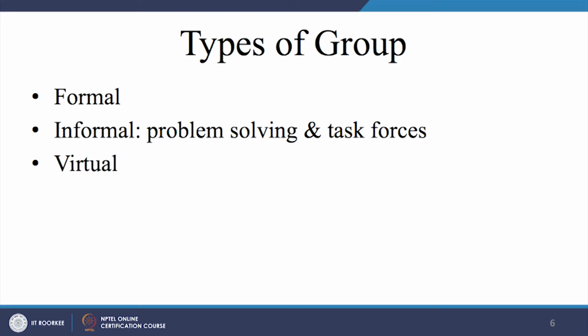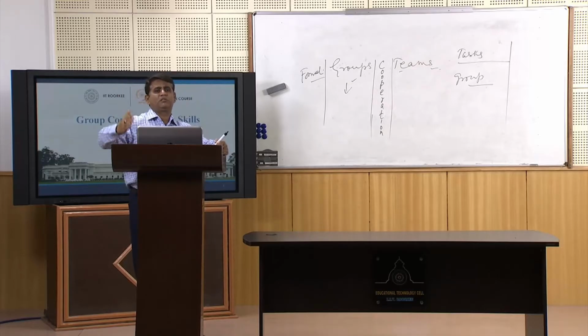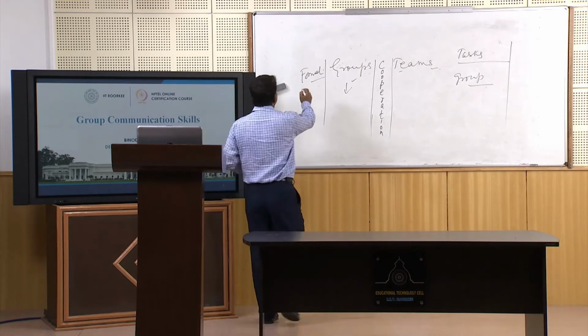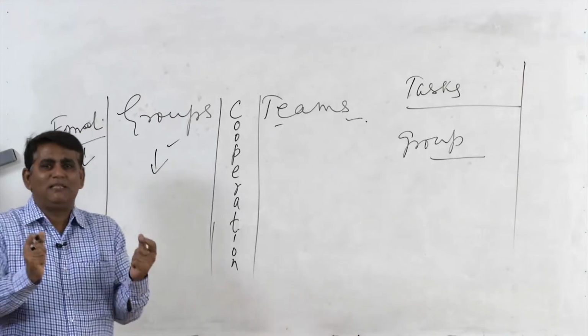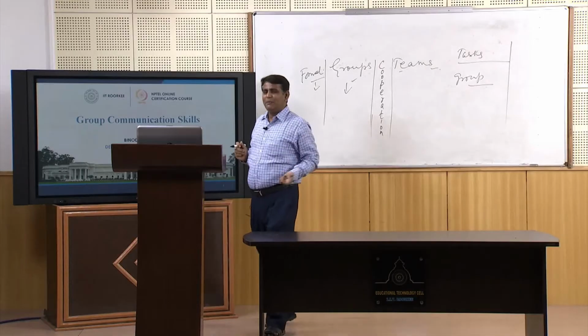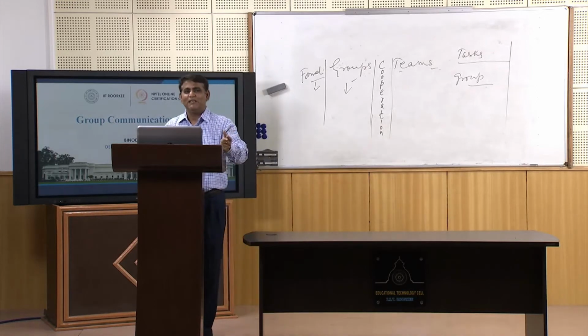Now, there can be different types of groups. Formal groups: in many organizations you will find there are formal groups. Now, if you are working in an organization, there are several groups and several units also. They are formally divided, but do you think that this formal division of groups will help you have a successful experience or a successful event?